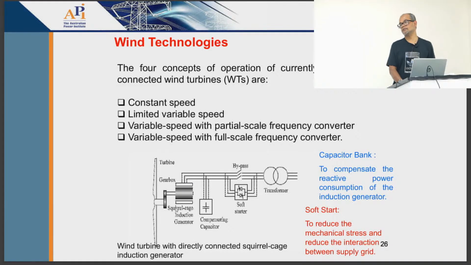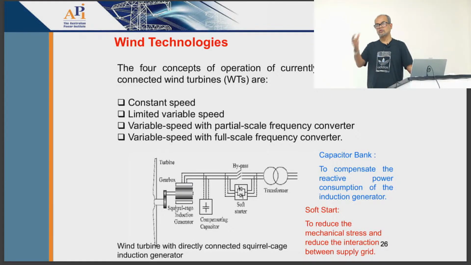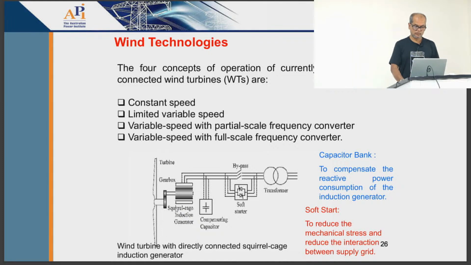Because squirrel cage induction generator consumes reactive power from the system. So it has got like negative impact on the voltage. So that's why, to control the voltage or to improve the power factor, we use the shunt capacitor. So this is quite compulsory. If you use this turbine, it has to be some additional compensating device with the turbine.